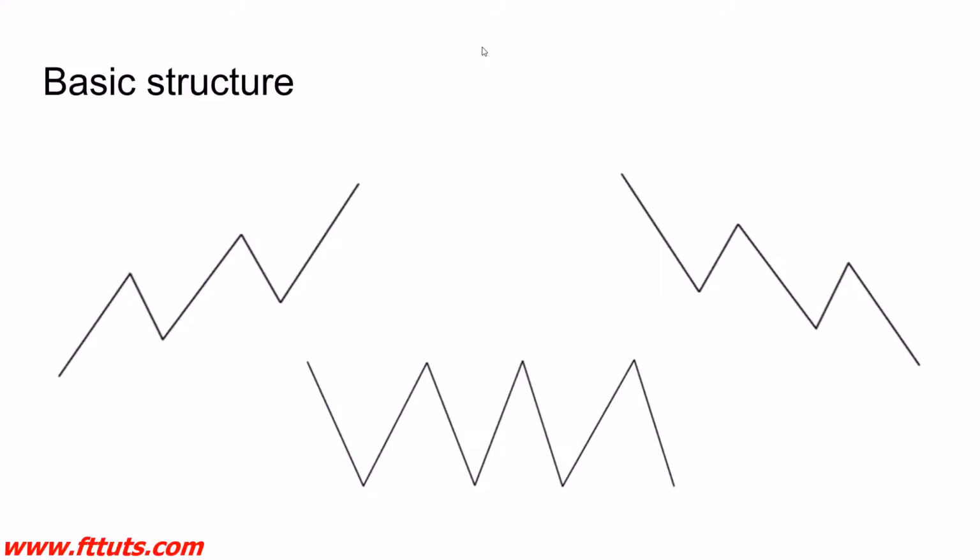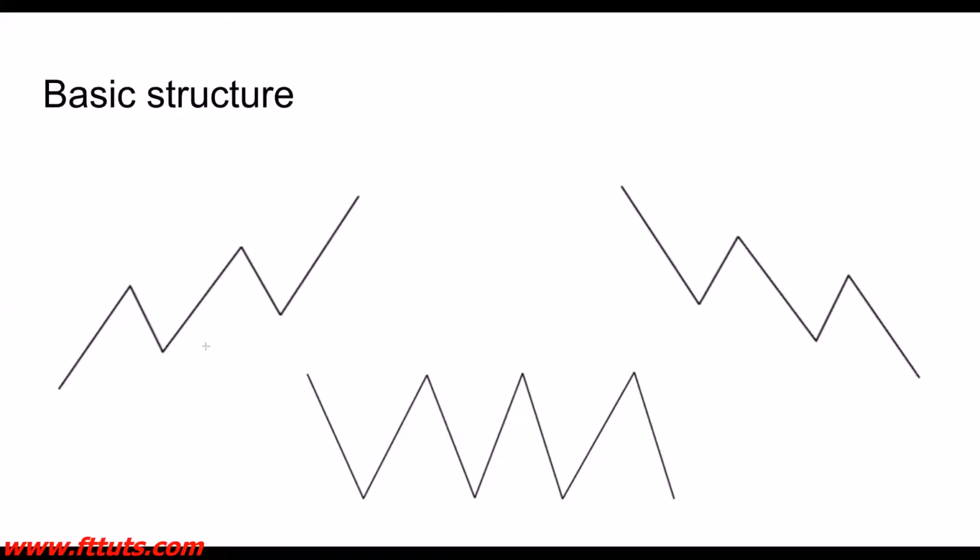Looking at what you see in front of us, most people will know this structure as an uptrend. Most people would know this structure as a downtrend, and most people will know this structure as a consolidation or a range in market. So just a very simple question for you guys.